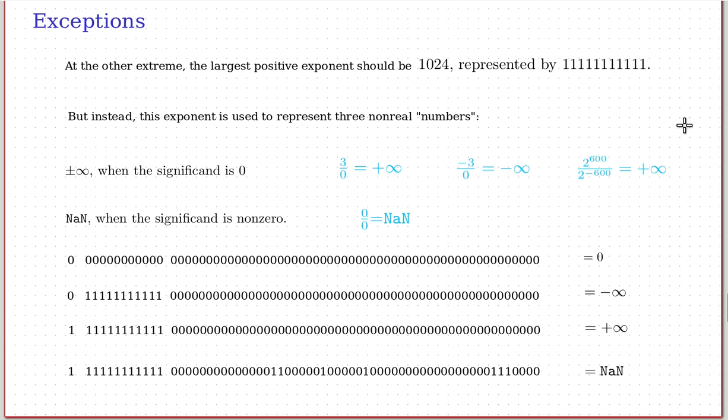But you can also get infinity if the operation produces a number that's too large to be represented in the given format. So, for example, if I take 2 to the 600th divided by 2 to the negative 600th, that would actually give me 2 to the 1200. However, the power of 1200 is too big to be represented in this format because the highest conceivable power would be 1024.